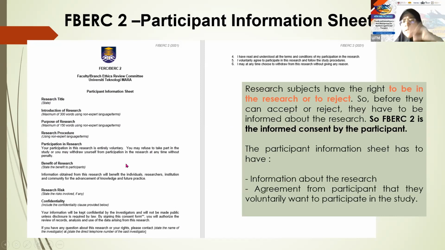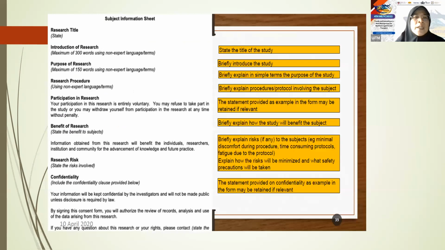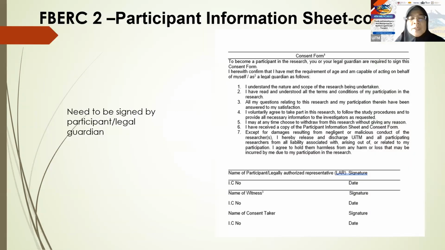Once you fill up the actual form, you can just transfer the information here to the participant information sheet. So you need to fill up this subject information sheet, and it must be signed by the participant for them to officially agree to participate in your research.